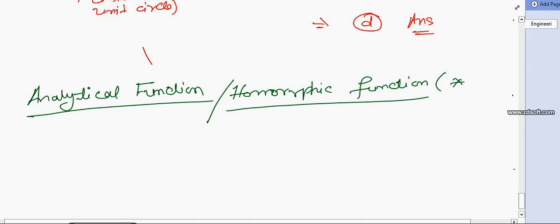This is quite important from the GATE point of view. Now what is an analytic function and how can we define it? It's quite an easy one.